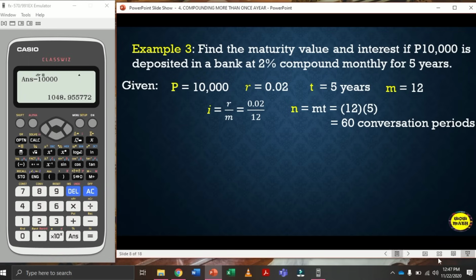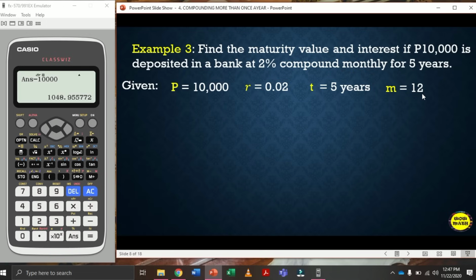So, therefore, yung M natin dyan ay 12 kasi monthly. So, same yung given dun sa nauna. Yung present value is 10,000, then the nominal rate is 0.02, and 5 years. Yung T natin is equal to 5 years.